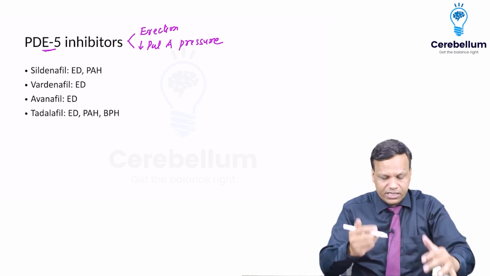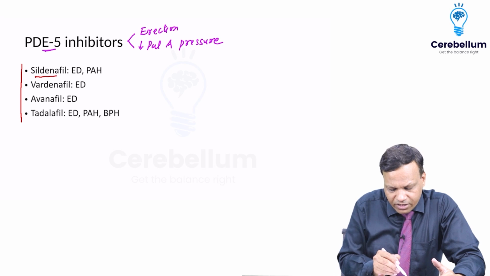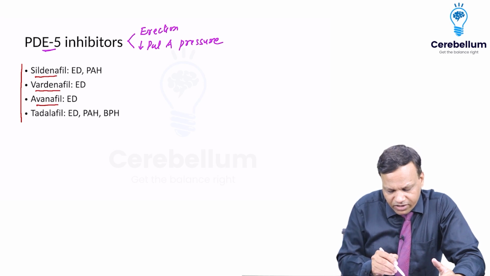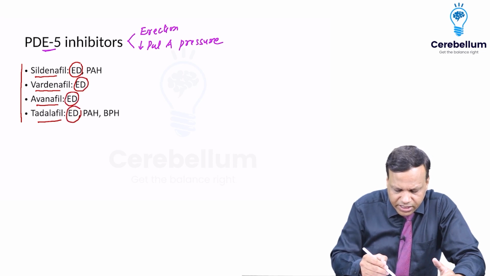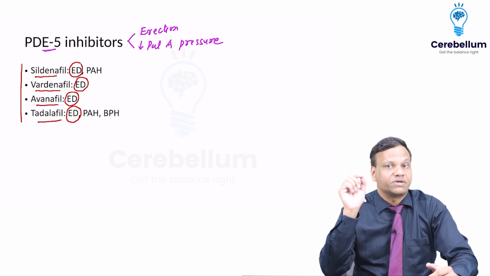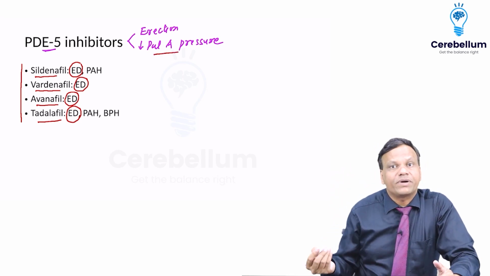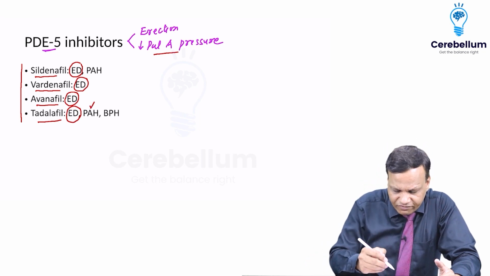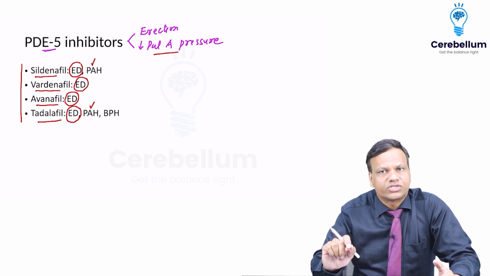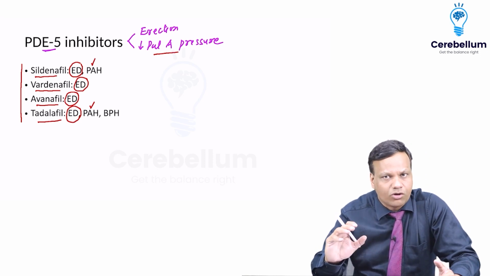What is important is that all the phosphodiesterase 5 inhibitors we have, sildenafil, vardenafil, avanafil, tadalafil, can be used in erectile dysfunction. So erectile dysfunction is a general indication where all of them can be used. But for pulmonary artery hypertension, two drugs are approved: sildenafil and tadalafil.